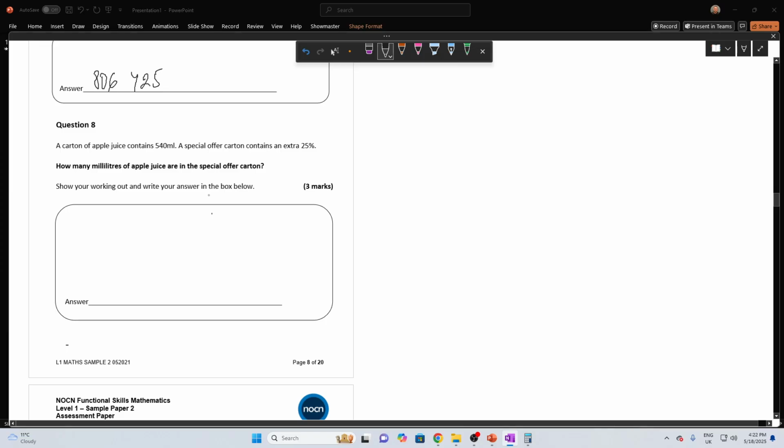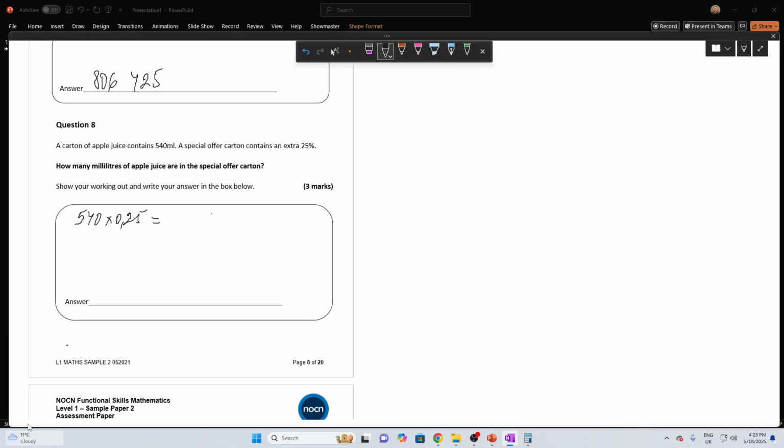A carton of apple juice contains 540 milliliters. The special offer carton contains an extra 25%. How many milliliters of apple juice are in the special offer carton? What you have to do is multiply 540 by 0.25 so we can find the extra.